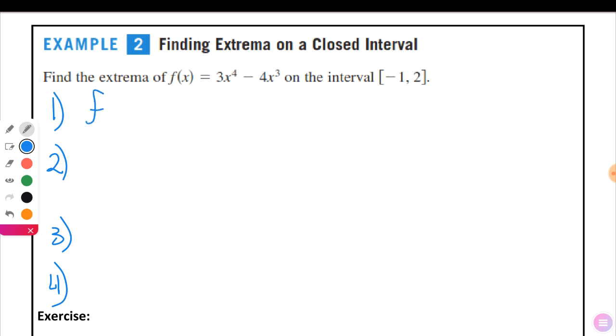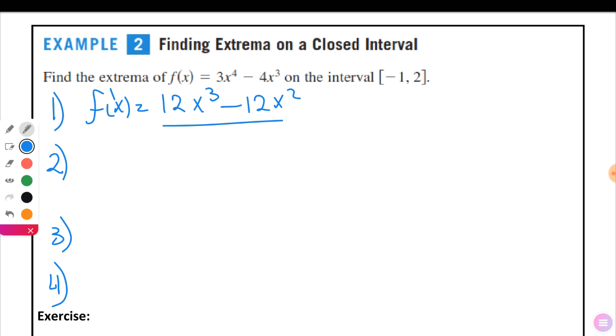Here, the first step, find the derivative. The derivative will be 12x to the power 3 minus 12x squared. Clear? Second step, find the zeros or the values of x at which the derivative does not exist.